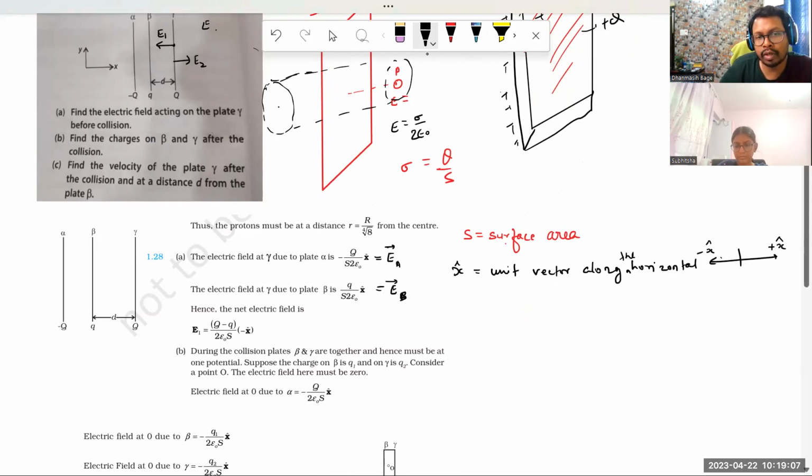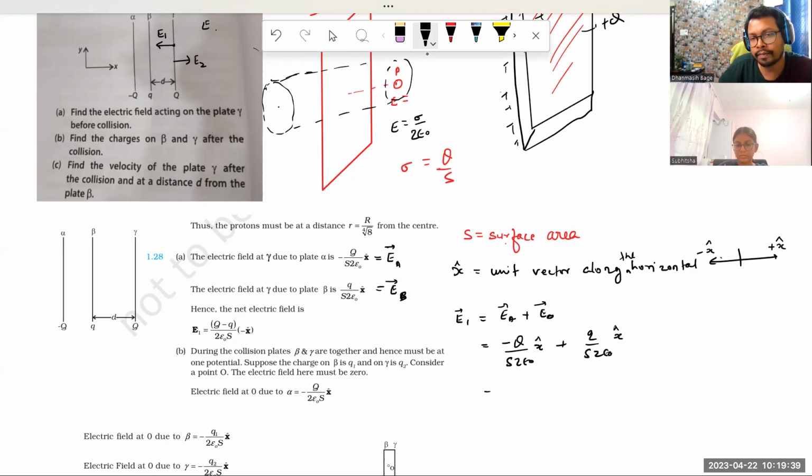So E1 will be equal to EA plus EB vector, very simple. So this is minus Q by 2 epsilon naught S X cap plus q by 2 epsilon naught S X cap.